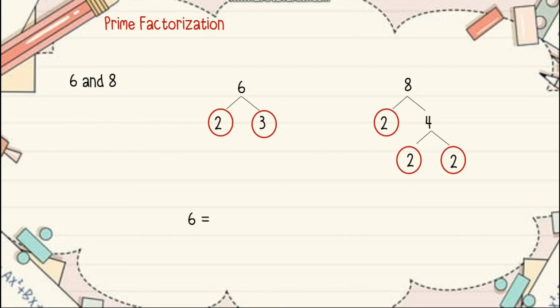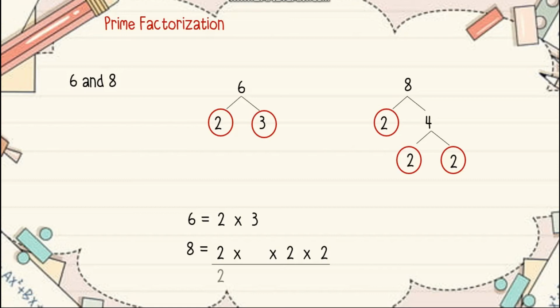So writing down the factors of 6, we have 2 times 3, while 8 is 2 times 2 times 2. So unlike in finding the greatest common factor, wherein we're going to bring down only the common factor, using prime factorization in getting the LCM, we're going to bring down all the factors they have, including the common factors.